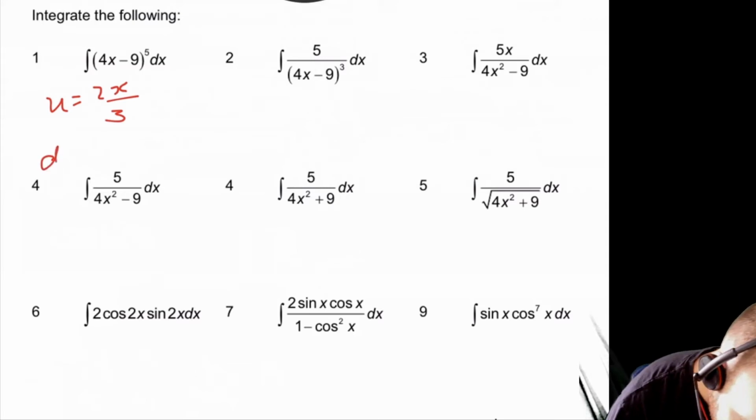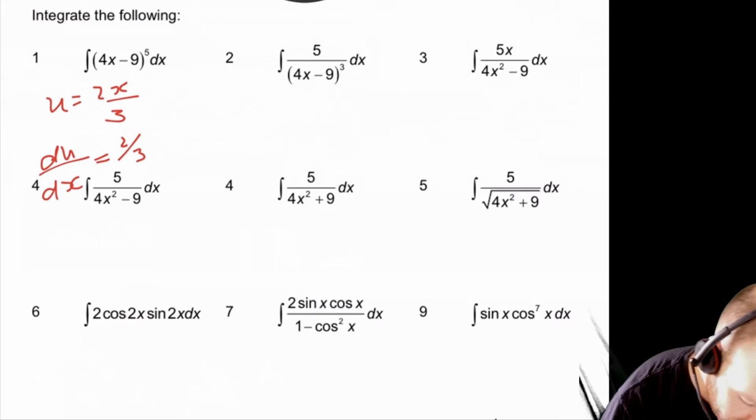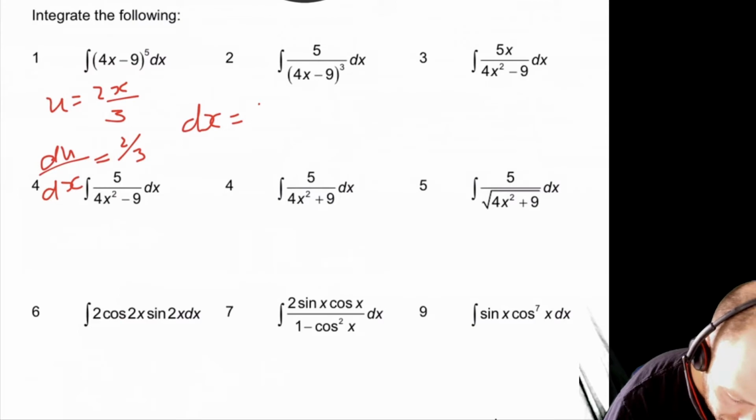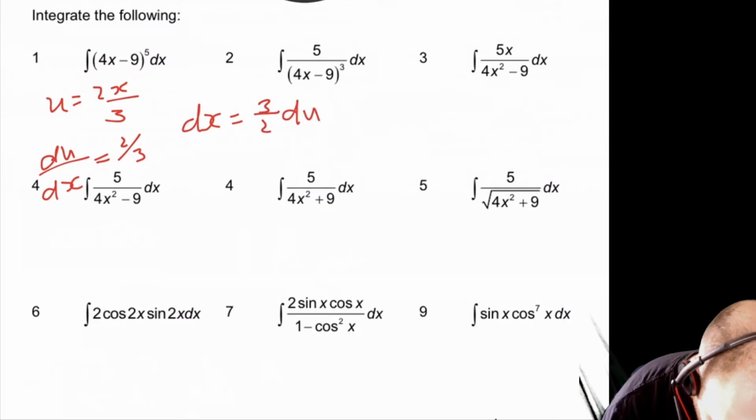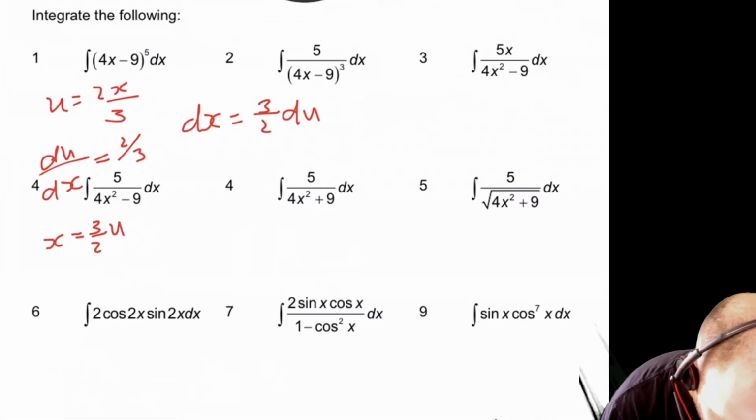So du dx is 2/3, so dx equals 3 over 2 du. So yeah, x is going to be 3 over 2 u.